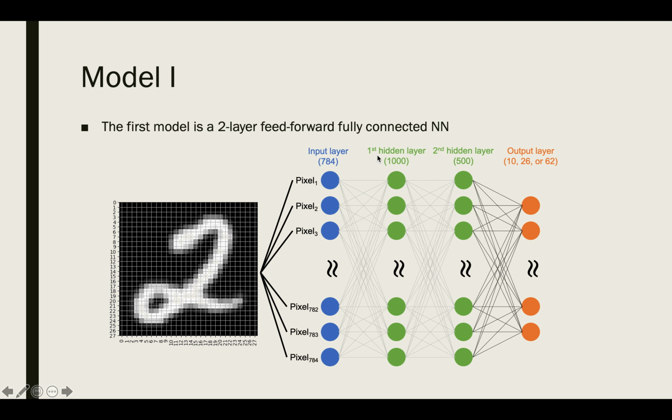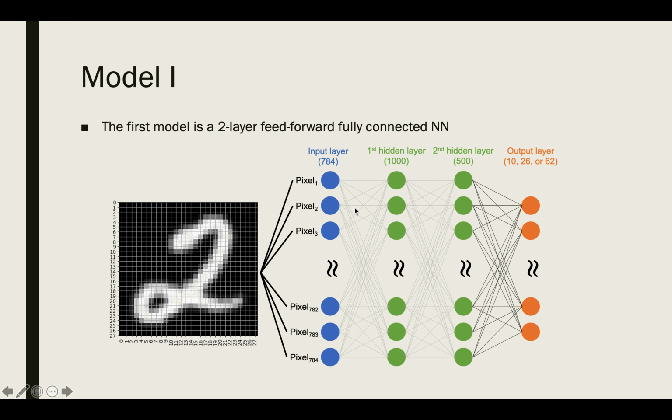And then we have a first hidden layer of 1000 neurons, followed by a second hidden layer with 500 neurons. The number of neurons in the output layer depends on the class of the dataset that we are using. For digits it has 10, for letters it has 26, and for by class it has 62.